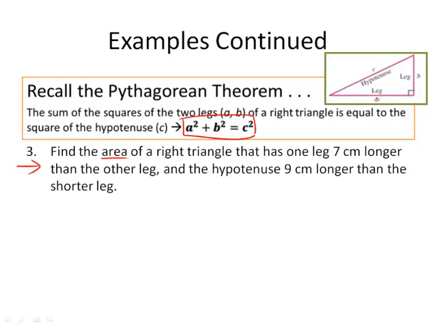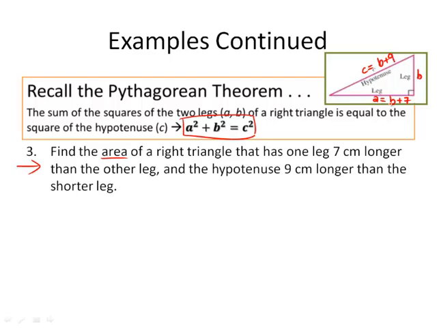So let's say this leg A is 7 longer than B, so it's B plus 7. So B is just B. And the hypotenuse is 9 centimeters longer than the shorter leg. Which one's shorter? Well, B would be shorter because it doesn't have a 7 attached to it. So the hypotenuse is 9 more than the shorter leg.